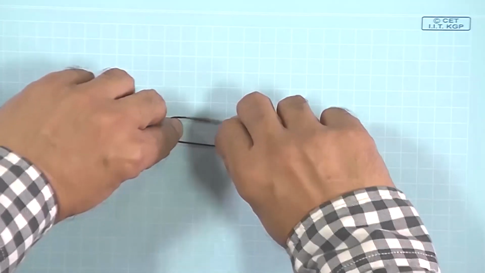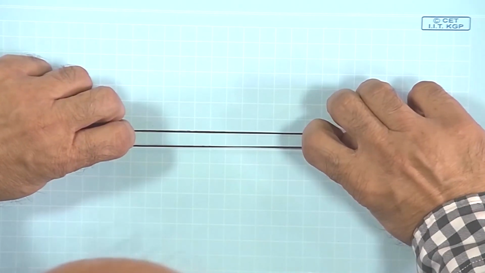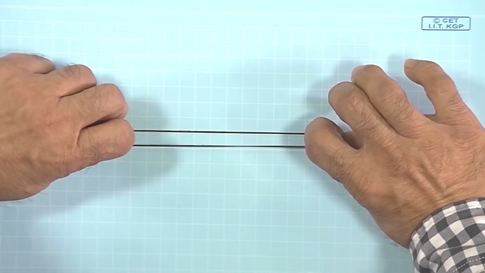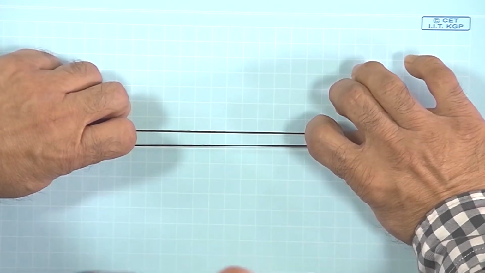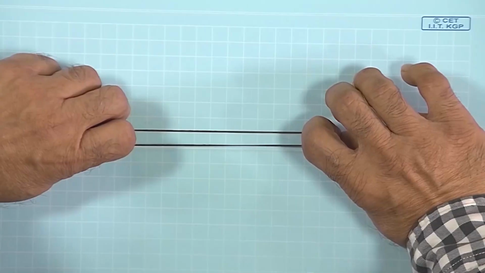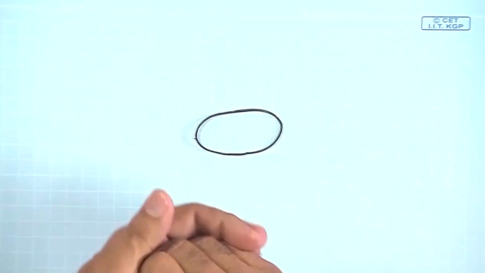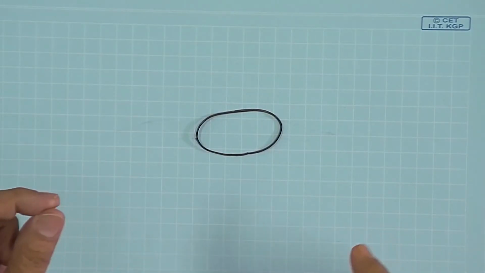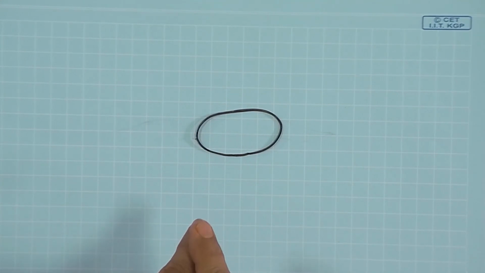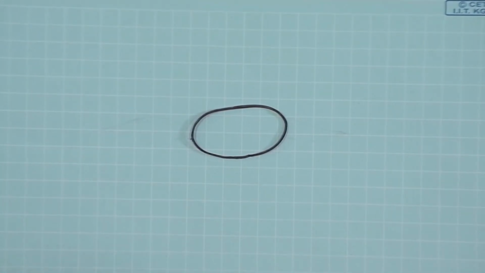Now, if we stretch this rubber band from the two sides equally, you can see there is no net motion of the rubber band, but it has got stretched, it has got elongated. Now, if we release this pull, it comes back to the old shape and size.